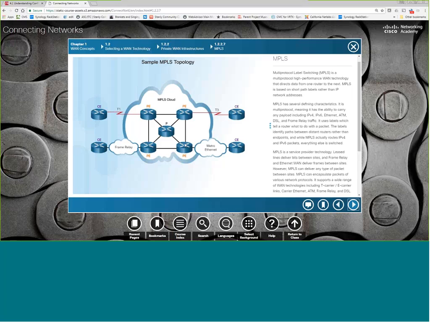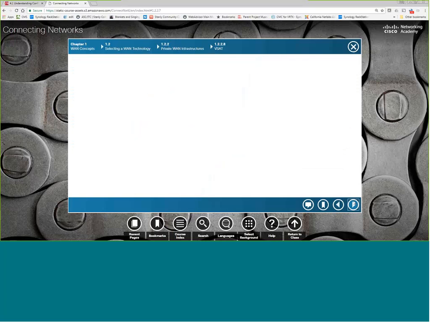The traffic that comes in gets tagged, and then that tag is used to label switch the information through the MPLS cloud to the destination. What it allows the service provider to do is take one MPLS cloud and move multiple different businesses' or companies' information through that cloud securely by making sure it's separated by tags.